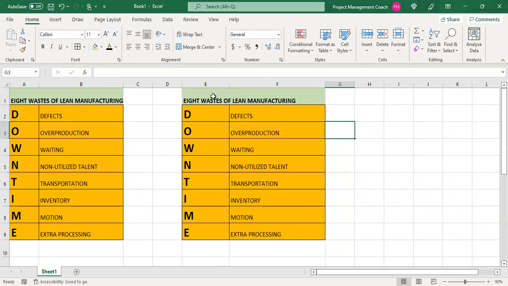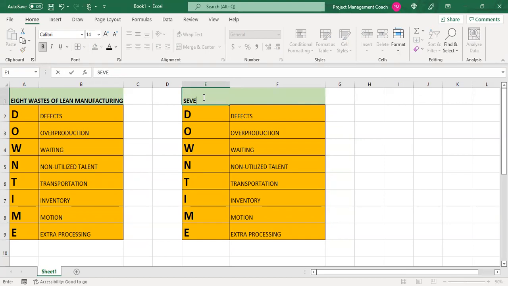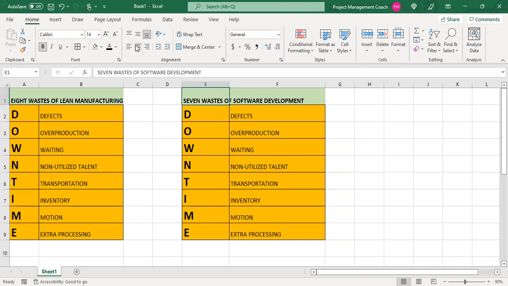All right. So now we're going to talk about the 7 wastes of software development. And all of these are going away.